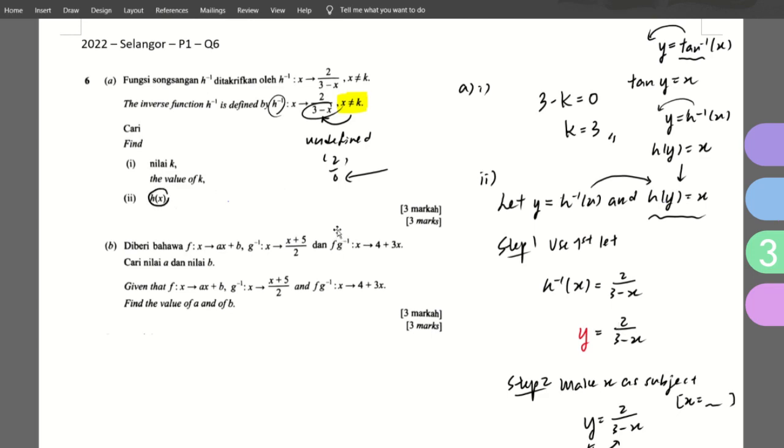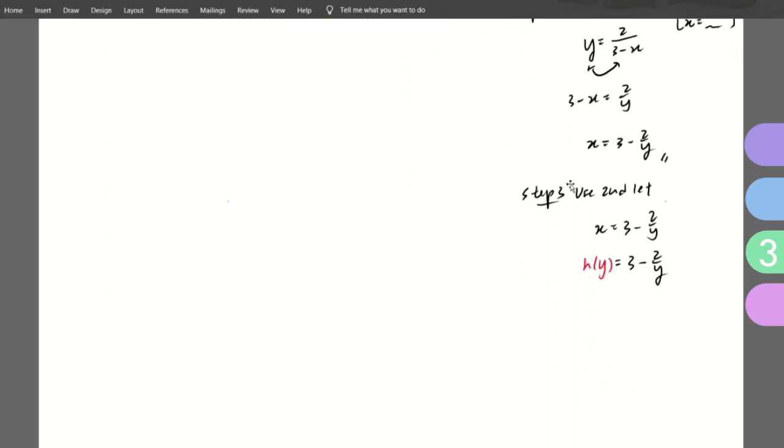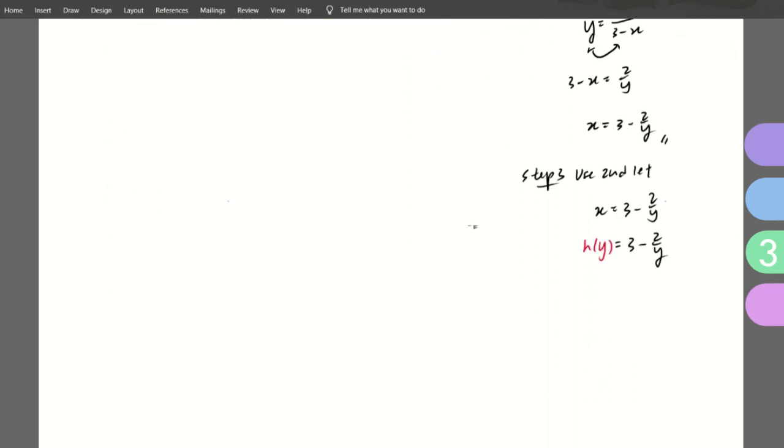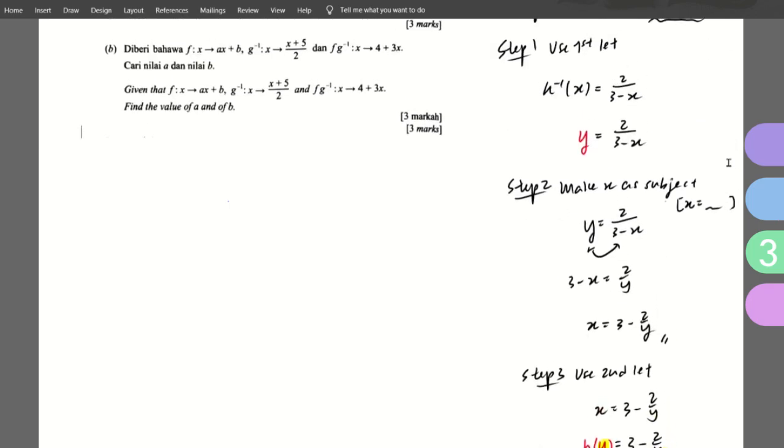The object here is x, but the object we have now is y. So we need to change this y into x. So h of x is 3 minus 2 over x. As you can see, all the y's are changed to x. So let's move on to part B.